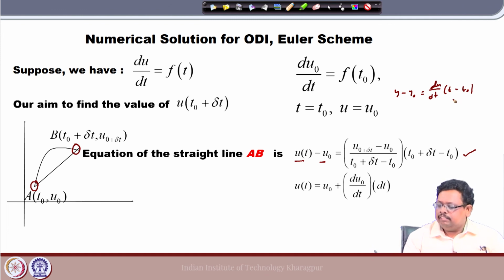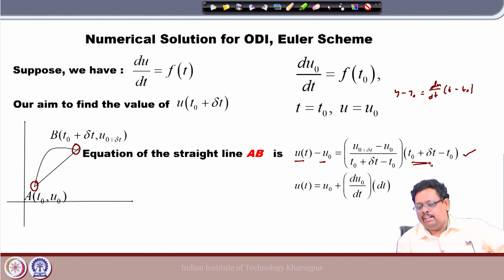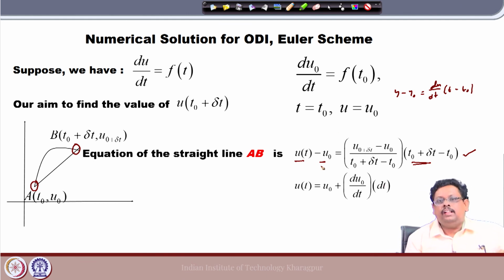Instead of t, I write t0 plus delta t, so u(t) minus u0 equals du/dt times delta t, because t0 cancels out. Now I would like to discuss one small thing.